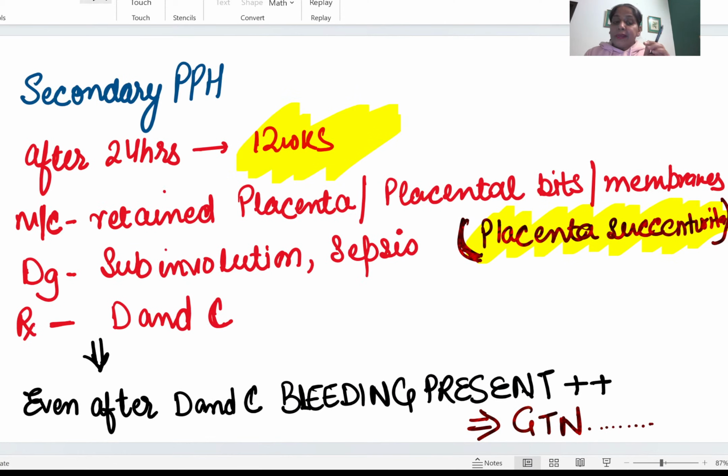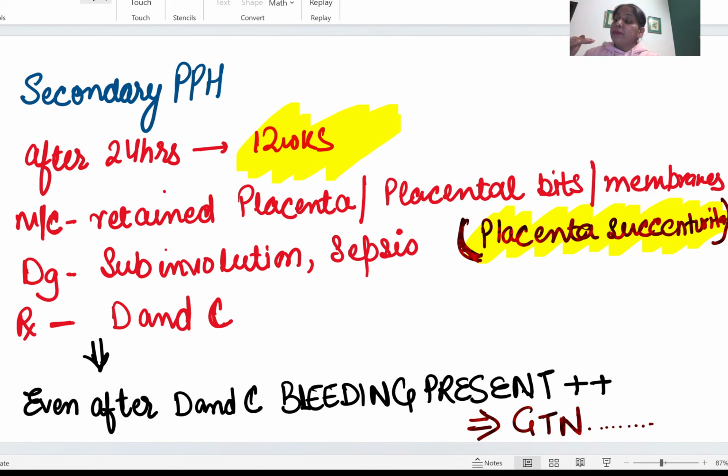Okay. Secondary PPH is the PPH which occurs after 24 hours and up till 12 weeks. Then the most common cause is the retained placenta, and it is diagnosed by subinvolution of the uterus.